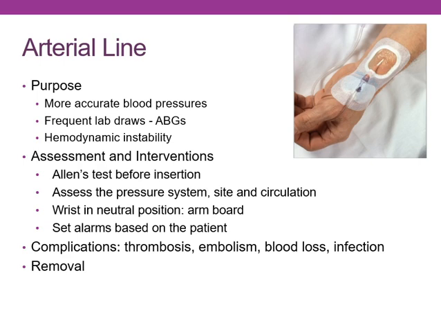We need that wrist in neutral position, and we actually may put it on an arm board, which will just slightly hyperextend it, and we get a better reading. I also need them not to be bending their arm. And we're going to set our alarms based on the patient. All of our alarms, our cardiac alarms, everything should be specific to the patient.